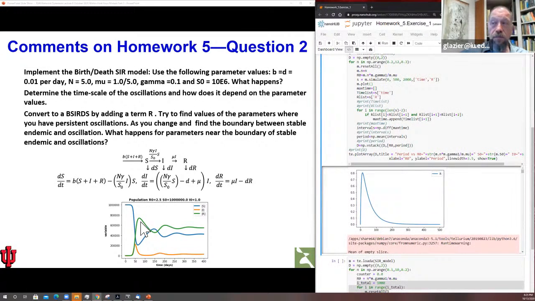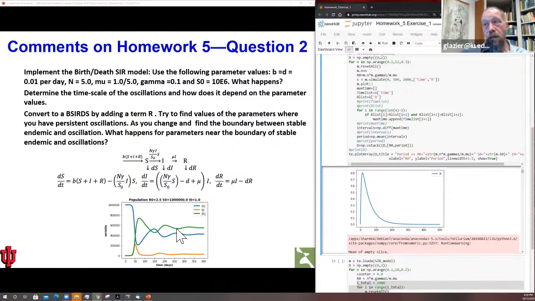I could also do something which would be maybe more interesting, which would be to calculate the decay time. I'm not going to do this here, it would take a little bit too much time, but this is something I would hope you could do in the homework. We found the time between these peaks, but we could also find the values of these peaks. And that gives us the time scale over which this oscillation decays.